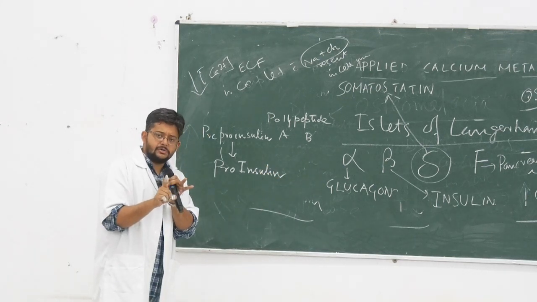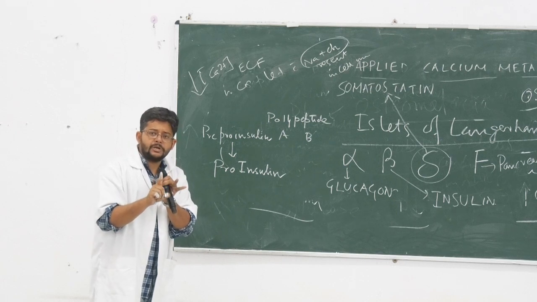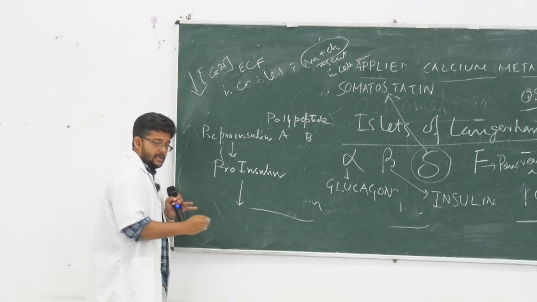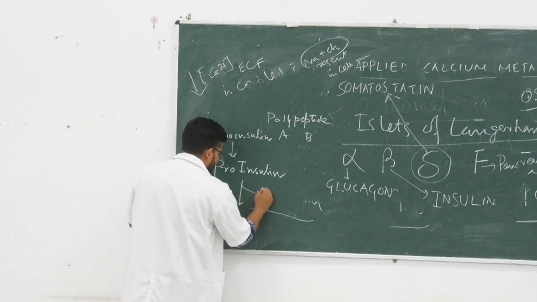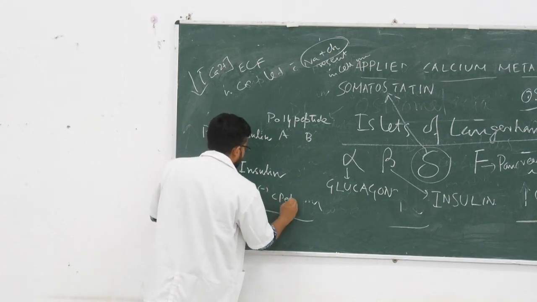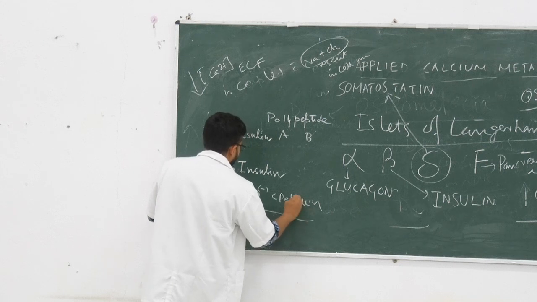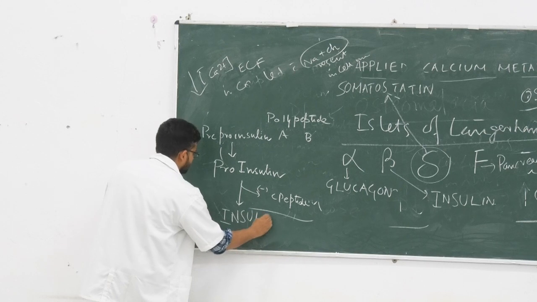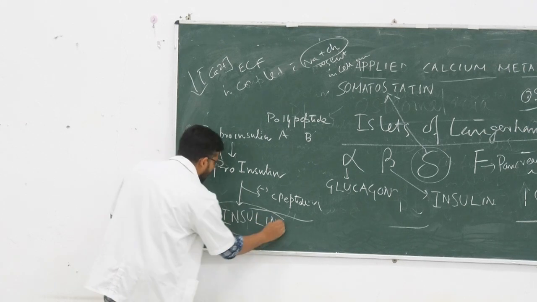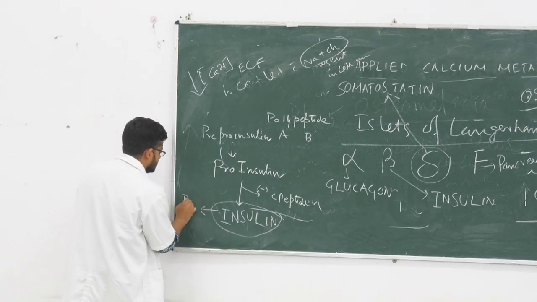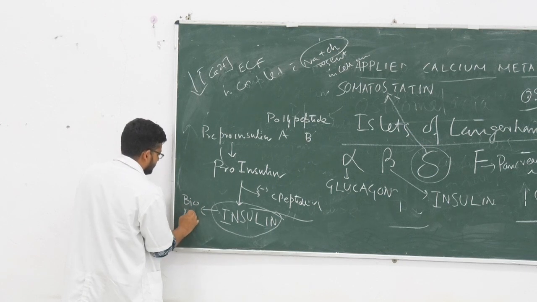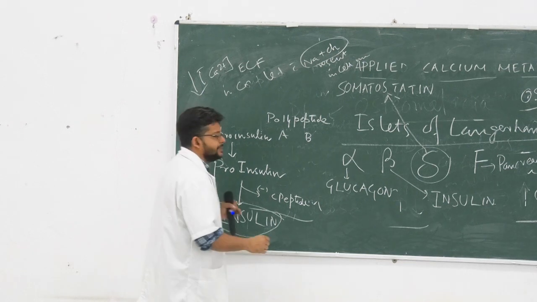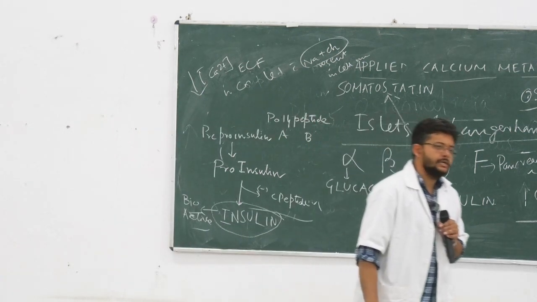A particular peptide is cleaved from proinsulin. So basically the first precursor molecule is pre-proinsulin.